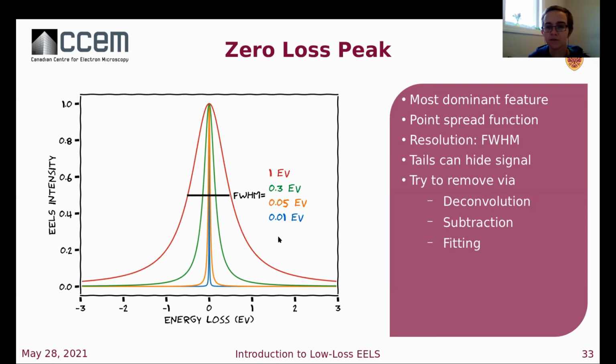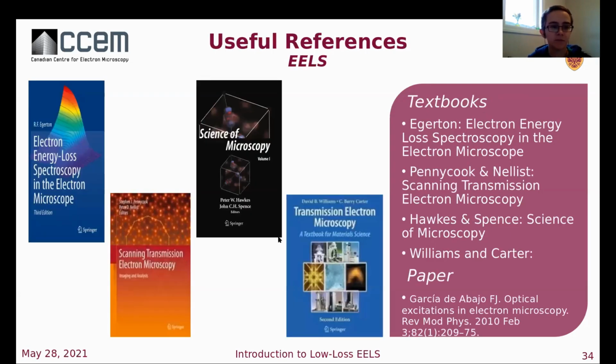So I'm going to finish off and leave you with some useful textbooks that I've been using throughout my PhD and find very useful, including Ray Egerton's EELS Bible and several references on electron microscopy in general.